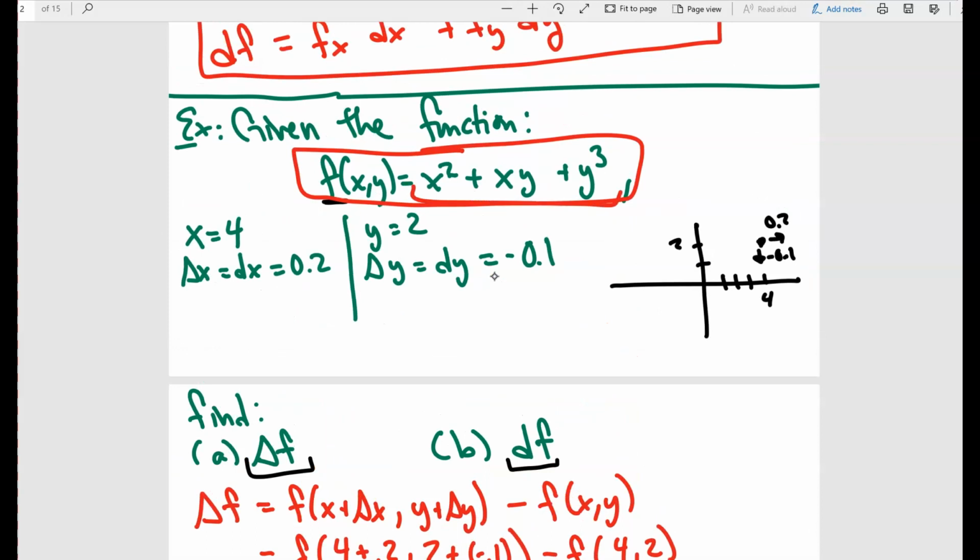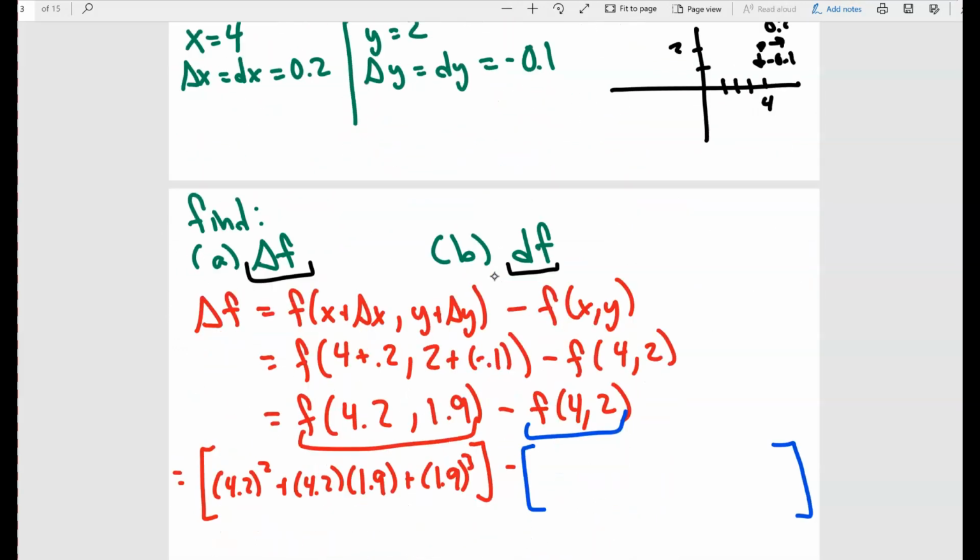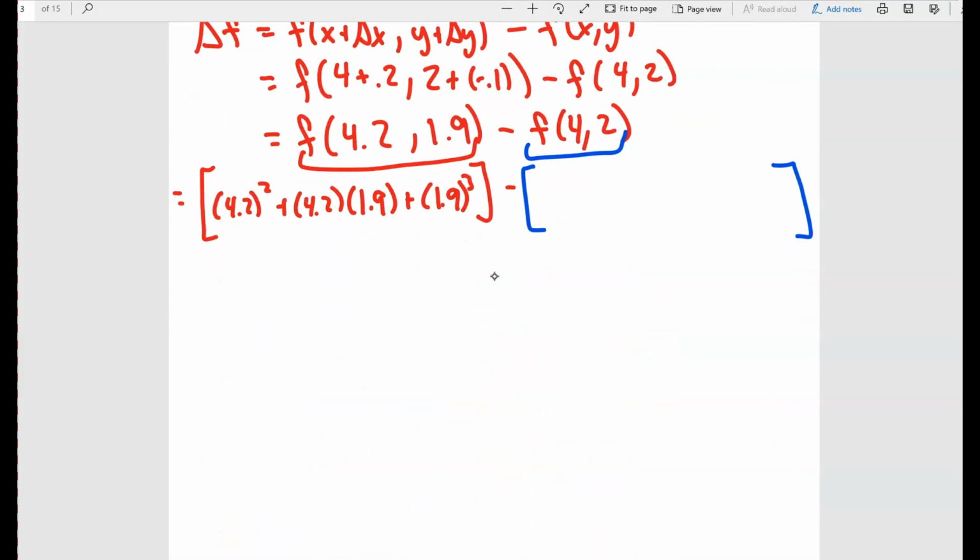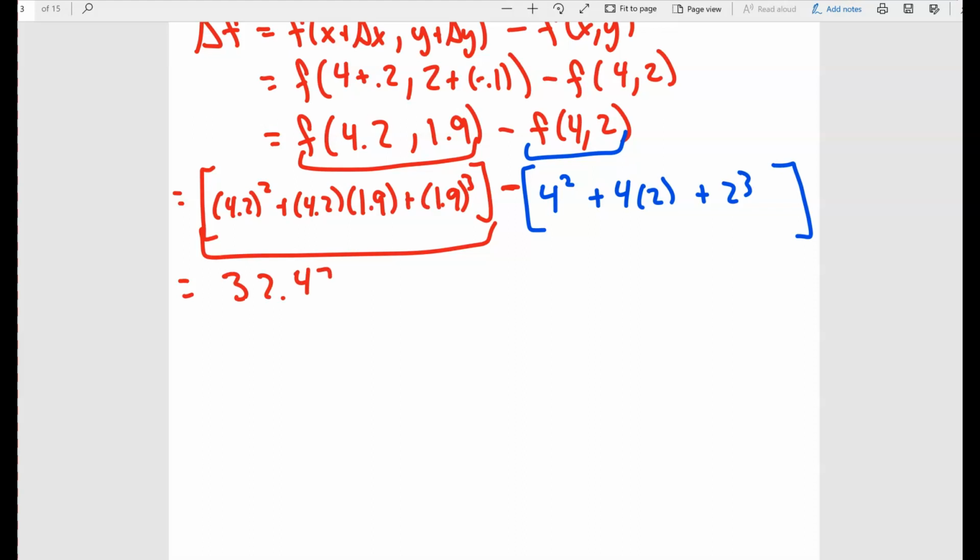Now I'm going to plug in 4 and 2 into the function. So that's going to give me 4 squared plus 4 times 2 plus 2 cubed. And this should be a minus. Okay, so if you put this in your calculator, what you're going to get is 32.479.